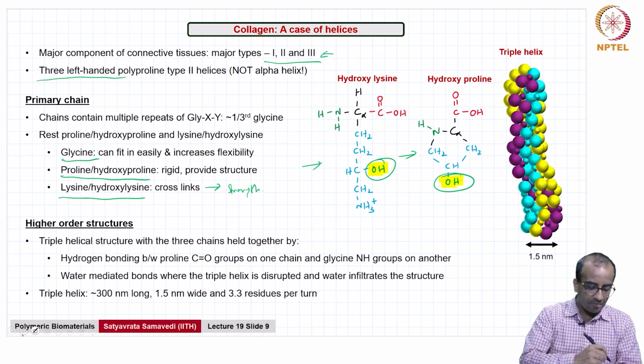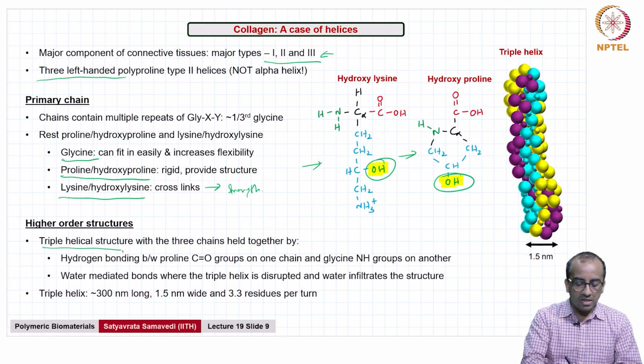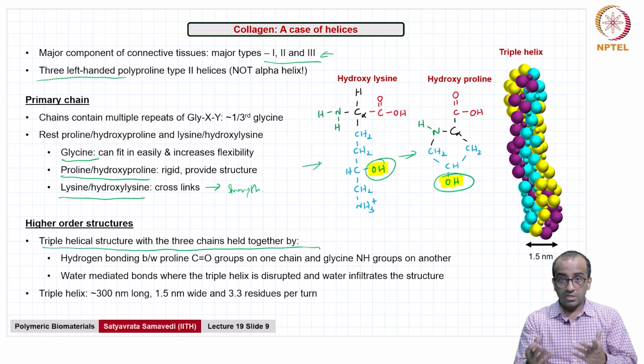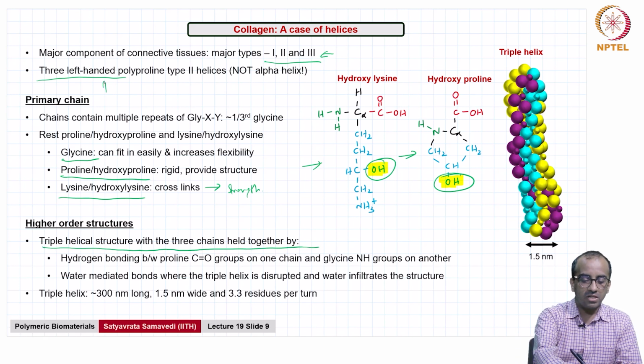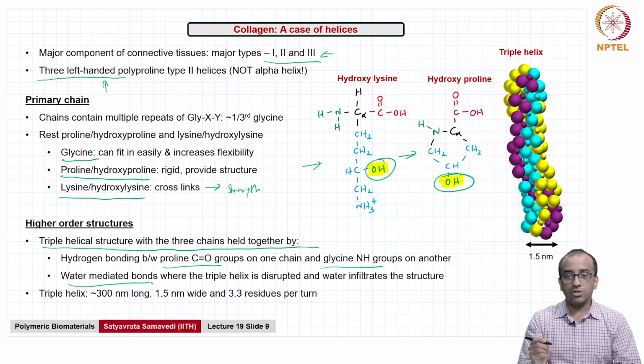And higher order structures in collagen typically include triple helical structure with the 3 chains. So the 3 left-handed polyproline type 2 helices held together both by hydrogen bonding between proline carbonyl groups on one chain and the glycine NH groups on another chain, as well as water mediated hydrogen bonds.